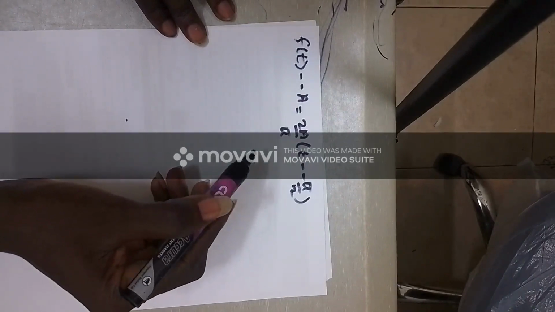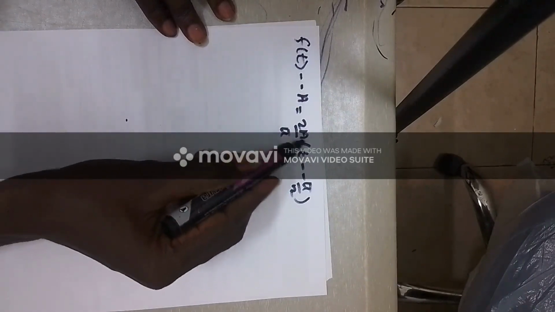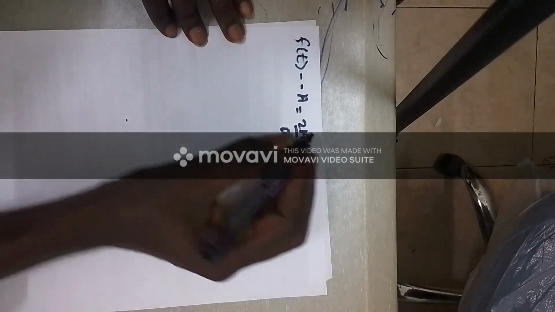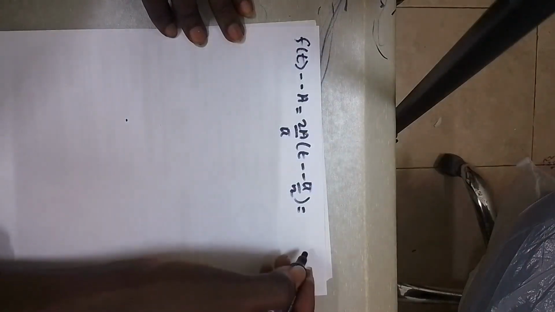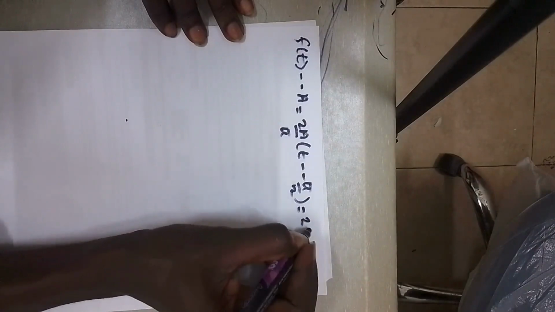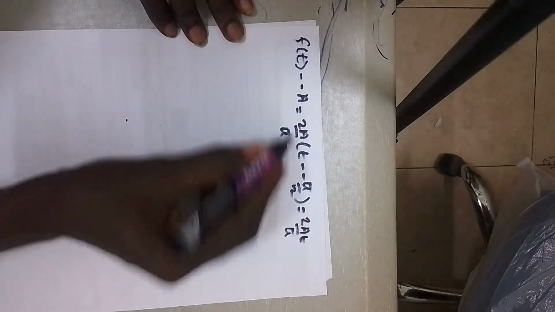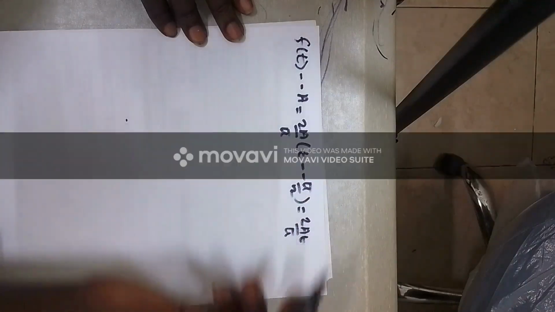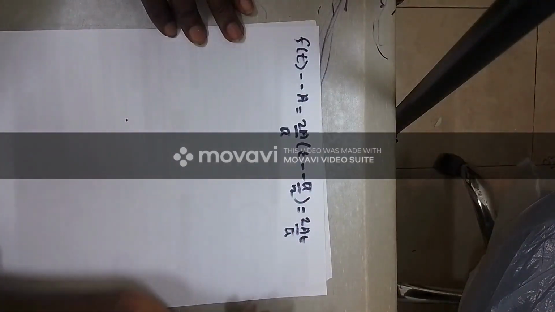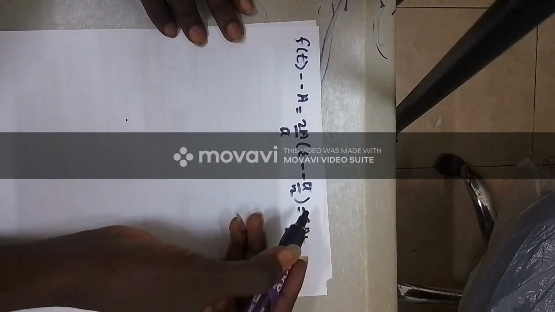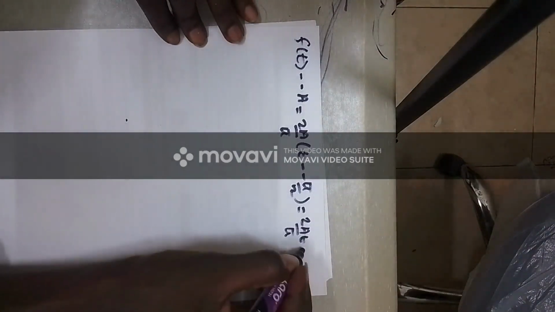So this time this will give me pi. This one will give me 2a t over pi, and then this will cancel this, this will cancel this. It will just give me a, so plus a.